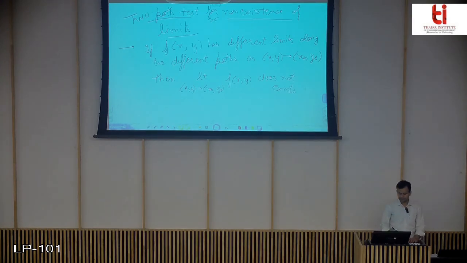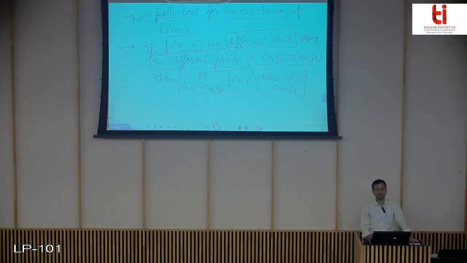So he says, if you get different limits from two different paths as (x,y) approaches (x naught, y naught), that is, you choose two different paths for reaching x naught, y naught and you get two different limits, then definitely that limit is not going to exist.